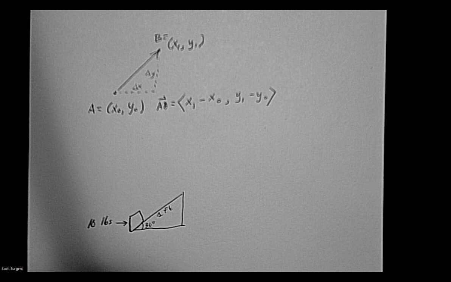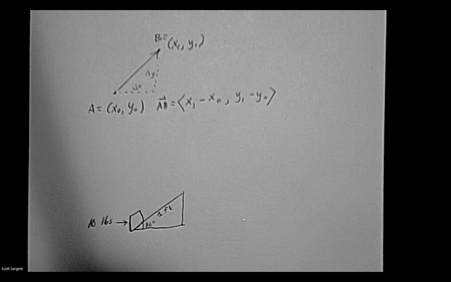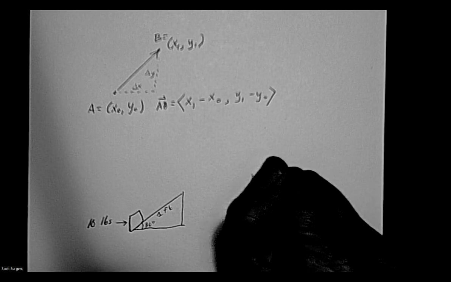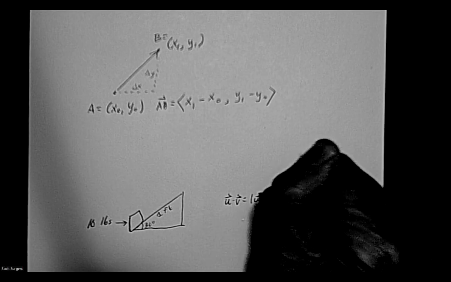There's a couple ways to do this particular one. You can just do old-fashioned physics, and we just need to figure out, in general, if you have two vectors u dot v, their formula.